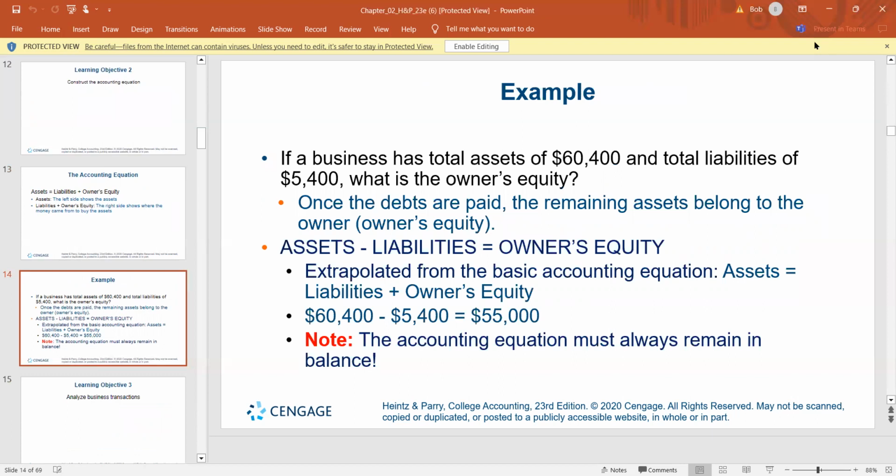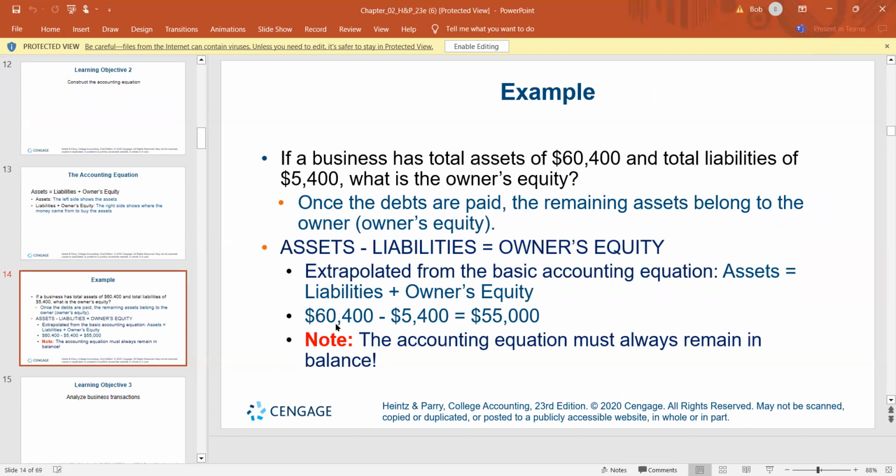And they're just showing you an example here. If a business has total assets of $60,400 and liabilities of $5,400, what's the equity? Well, we're just going to say our assets are $60,400 minus $5,400. That gives us $55,000.